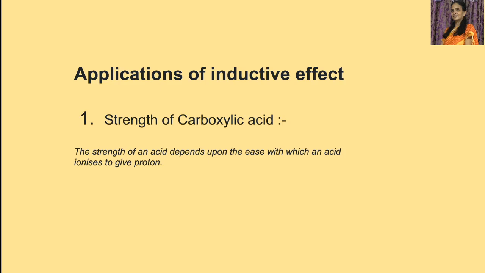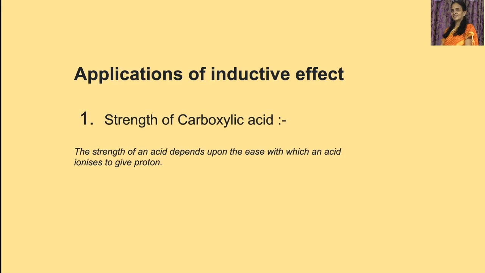So carboxylic acids exhibit acidity by losing a proton, that is H plus. And the acidic strength depends on the stability of the conjugate base formed, the conjugate base produced by the particular acid.